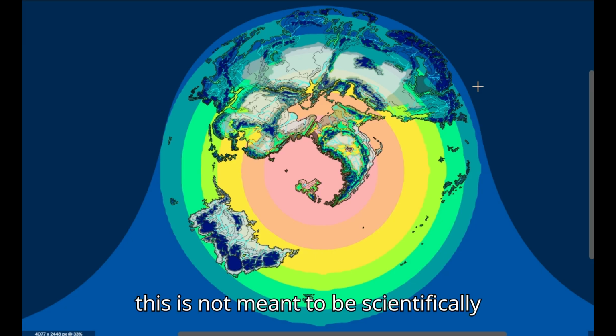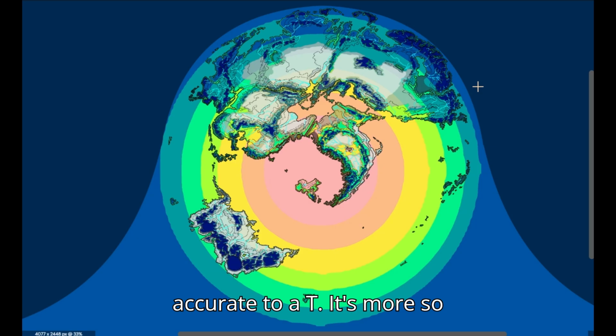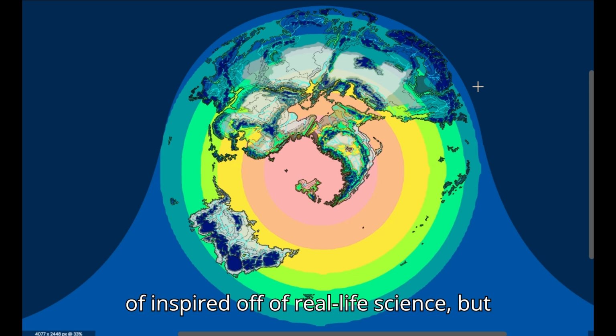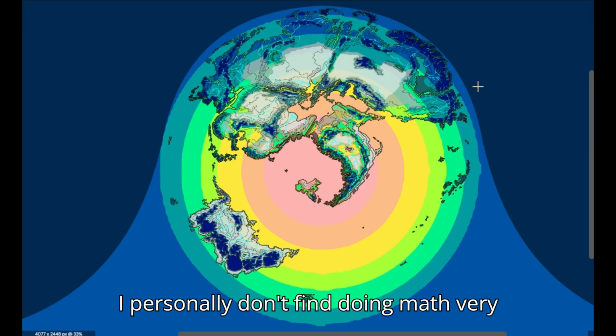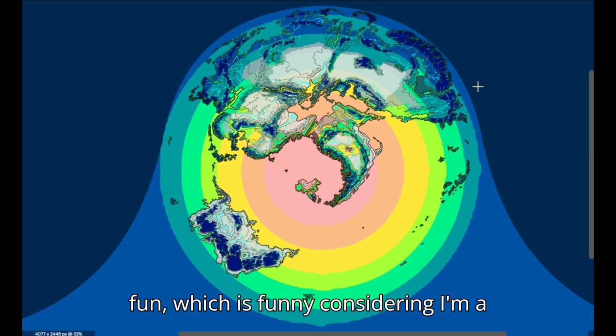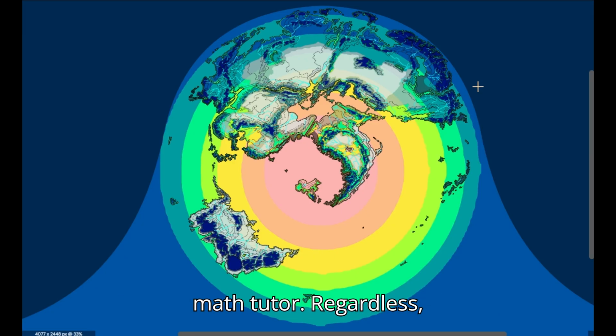Now, this is not meant to be scientifically accurate to a T. It's more so scientifically inspired. I wanted to make this inspired off of real-life science, but I personally don't find doing math very fun, which is funny considering I'm a math tutor.